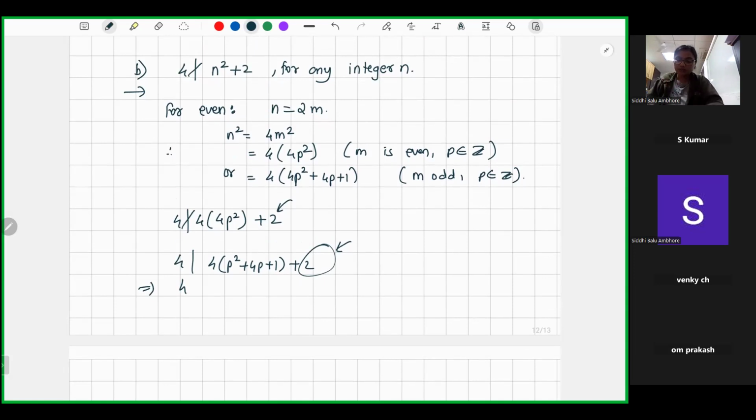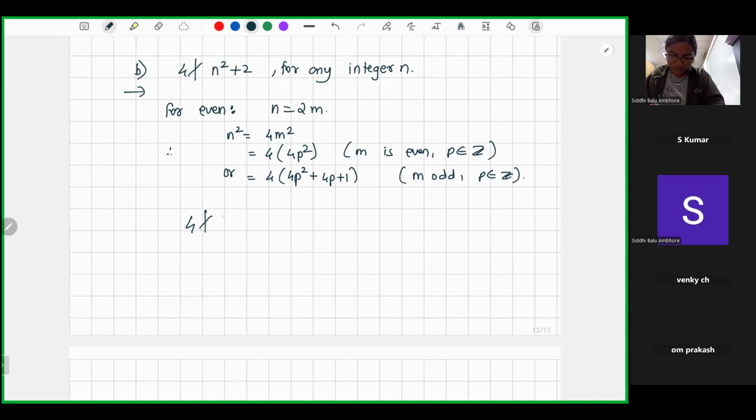So in both these cases, 4 does not divide 4p square plus 2, and 4 will not divide 4p square plus 4p plus 1 plus 2.